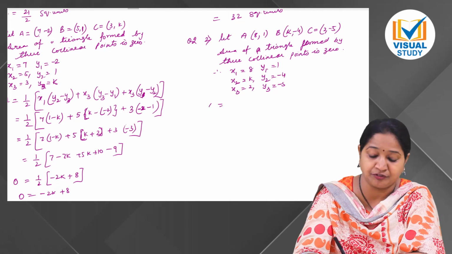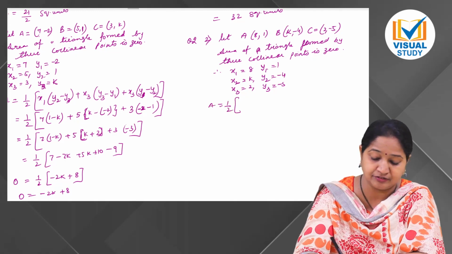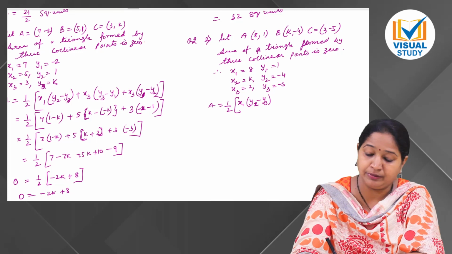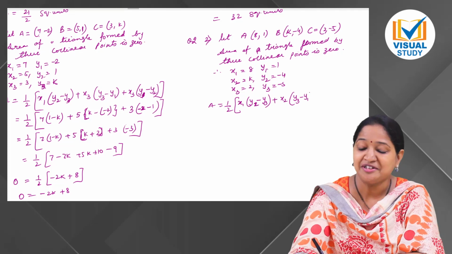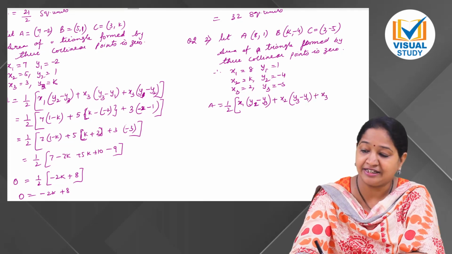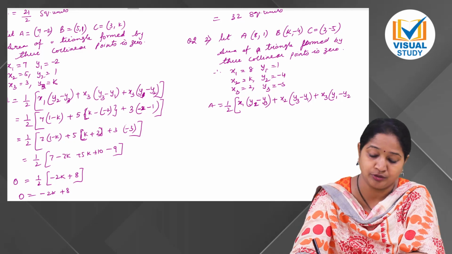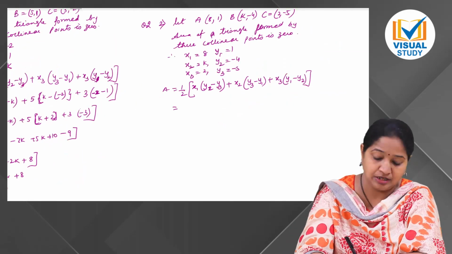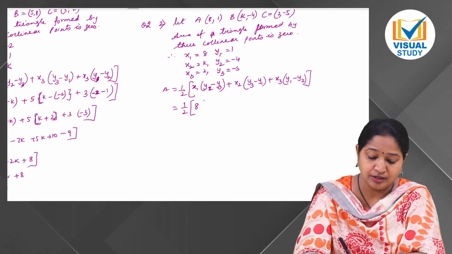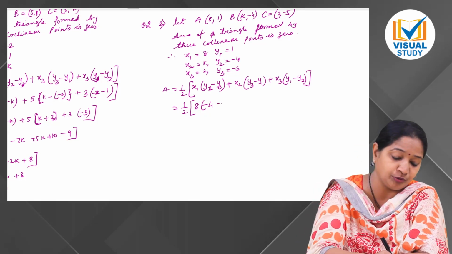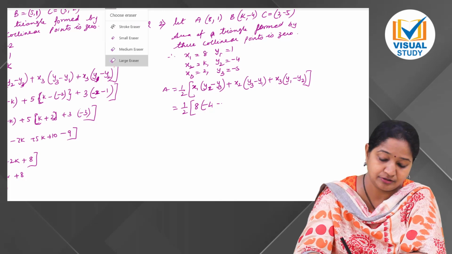Your area of a triangle formula, that is half x1 into y2 minus y3 plus x2 into y3 minus y1 plus x3 into y1 minus y2. Okay, just put all the values. Half into what is your x1, that is 8, y2 minus 4 and minus y3 is 5. Again I have to put the curly bracket here.